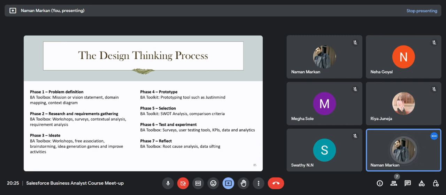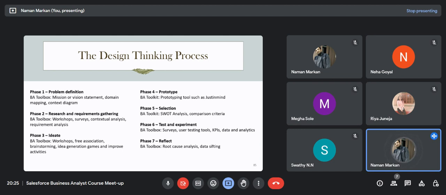So the first one is problem definition. In problem definition, you should have an understanding about the problem, the bigger problem which the client has been facing, and based on that particular problem you should come up with some kind of solution, or you can say some kind of mission or vision to your client, just to give them an understanding of how you will be able to solve this kind of problem.